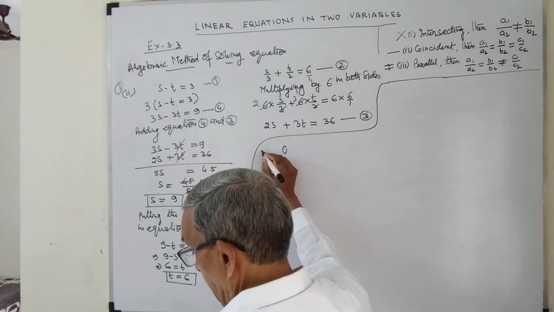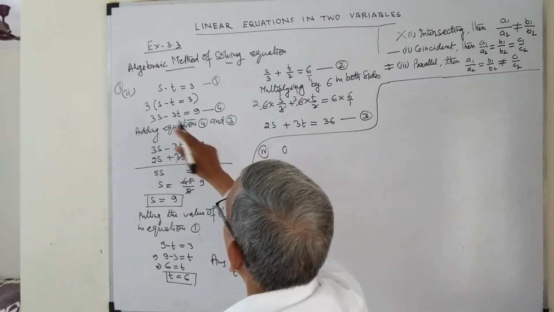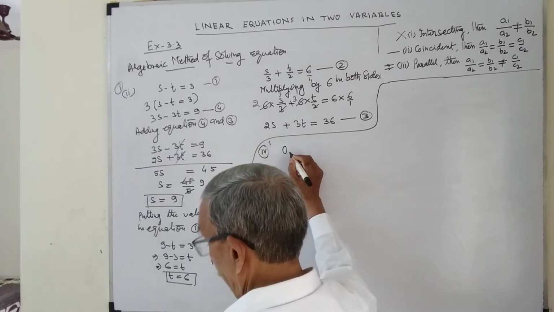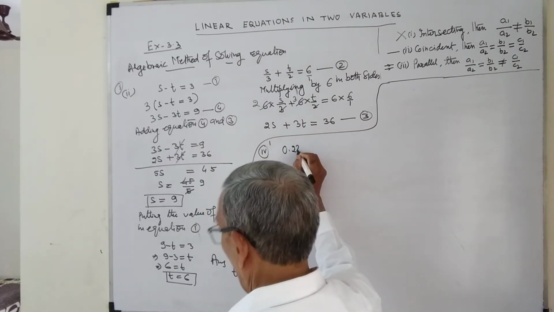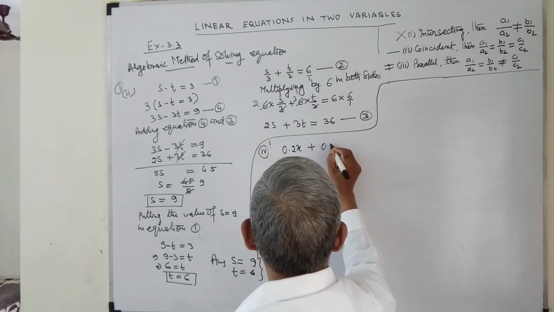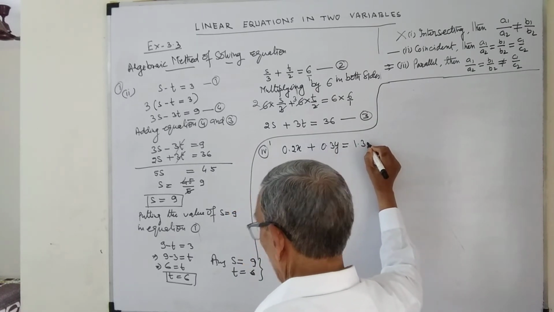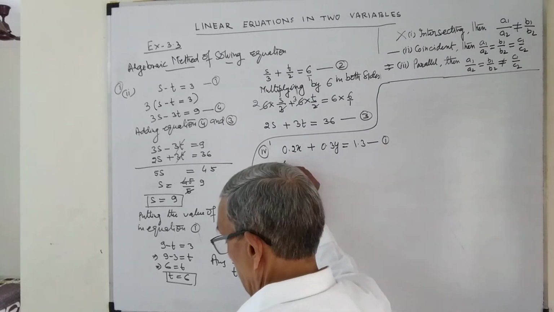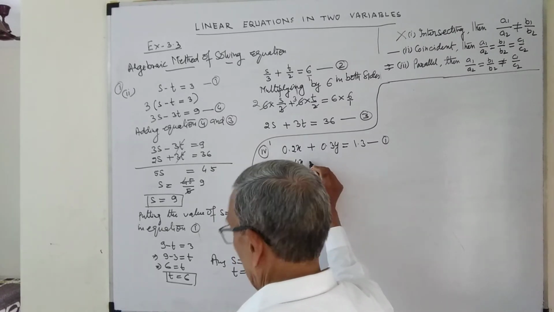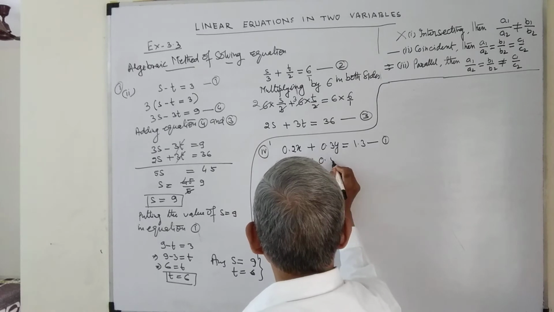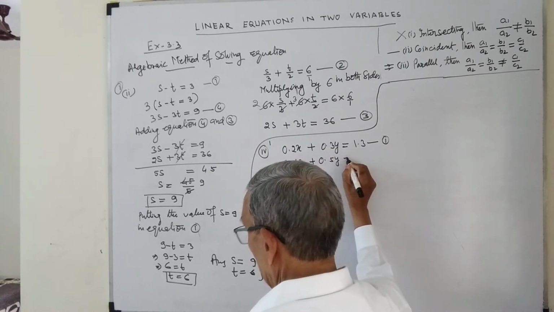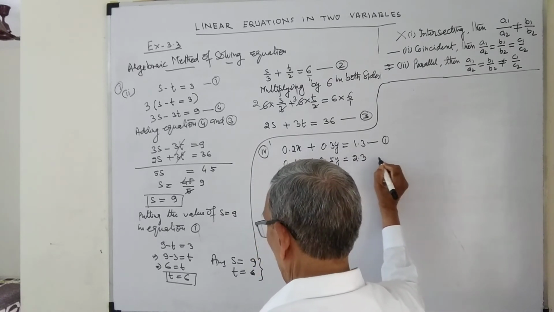This is actually sum number 4.1 part 4. 0.2x plus 0.3y is equal to 1.3. So this is equation number 1, and 0.4x plus 0.5y is equal to 2.3.